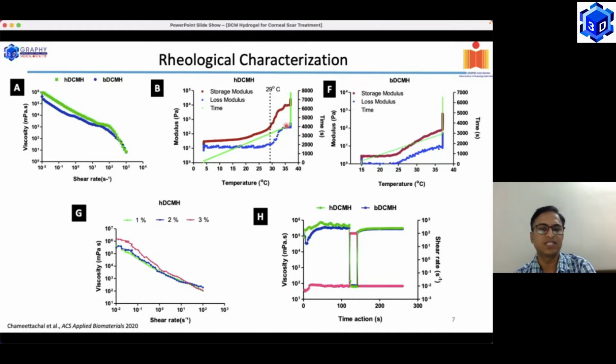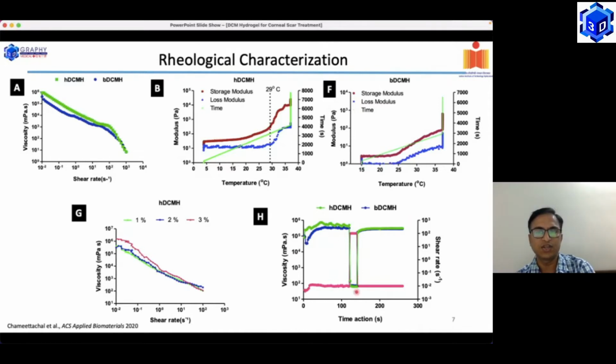So that's the sol to gel transition, which can happen when we incubate them at 37 degrees centigrade over a period of 30 or 45 minutes. In the same way we have also seen the viscosity of both these at different percentages. But for our study we have selected 2% because 3% is very highly viscous, and we cannot control the gelation of this. It gelates very fast. So that's why we have chosen 2% for our further studies.